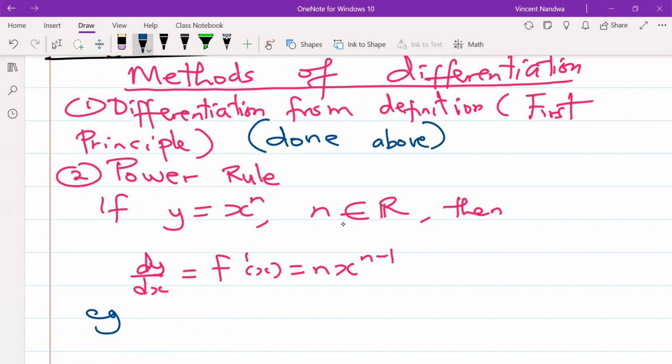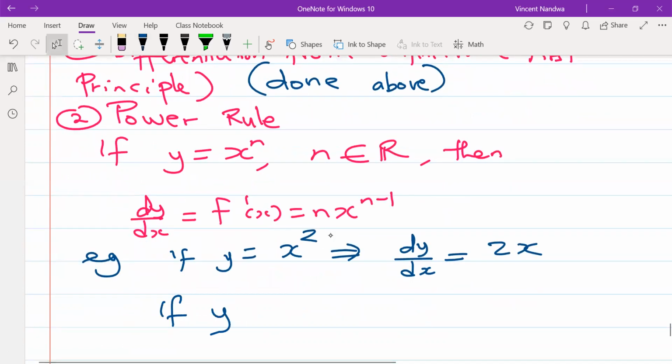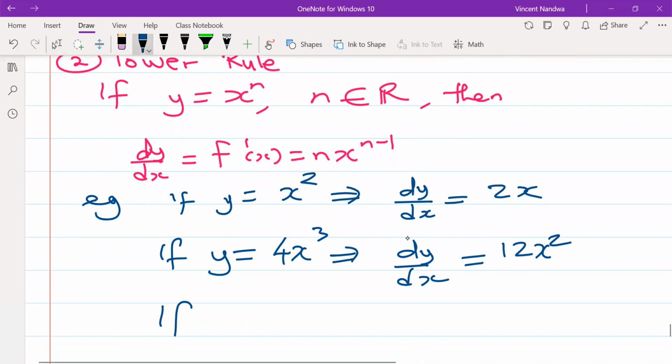For example, if y is given by x power 2, then dy/dx is the same as 2x. If y is given by 4x power 3, then dy/dx is 12x squared. You knew these things before. So things which are obvious remain obvious.